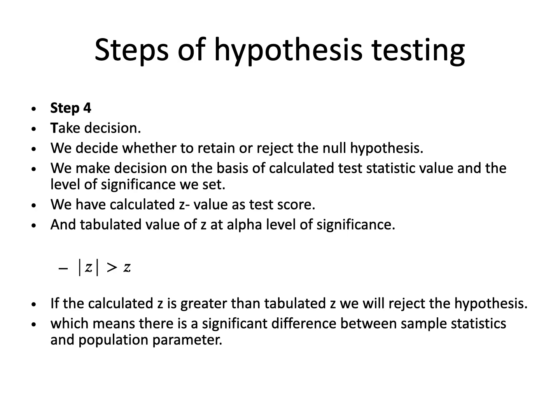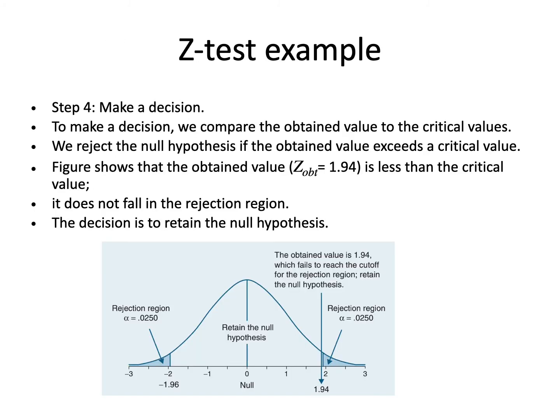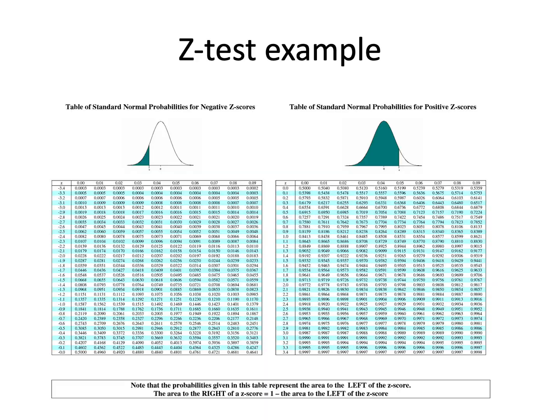But when we take the decision on the basis of the p-value, we keep the sign of the z-score as it is.